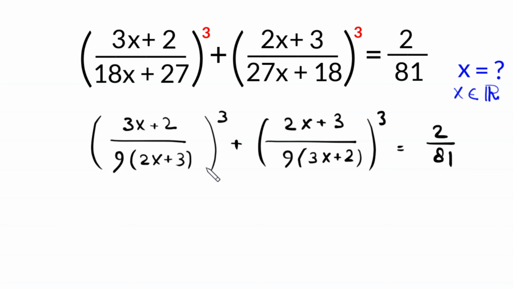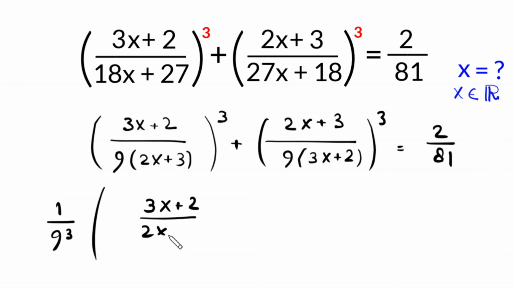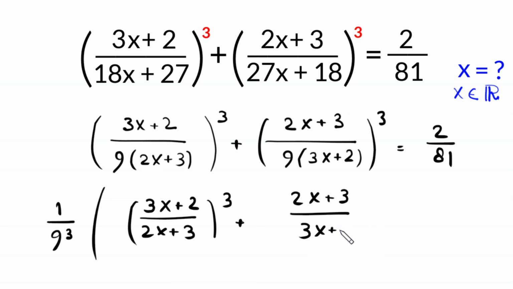From these two terms we can factor out 1/9 cubed, in bracket left (3x + 2)/(2x + 3) whole cubed plus (2x + 3)/(3x + 2) whole cubed equal to 2/81.